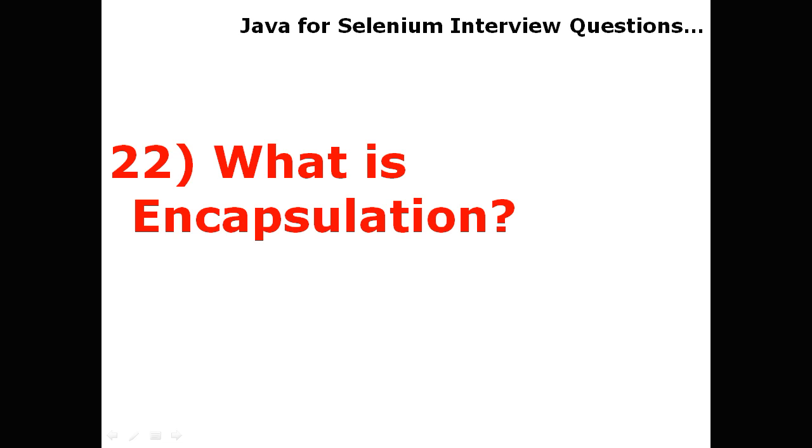By providing setter and getter methods, we can make a class read only or write only. If you don't define setter method, then read only. And one more thing, in our test automation using Selenium, usually we don't use encapsulation. Developer's point of view, it is required.